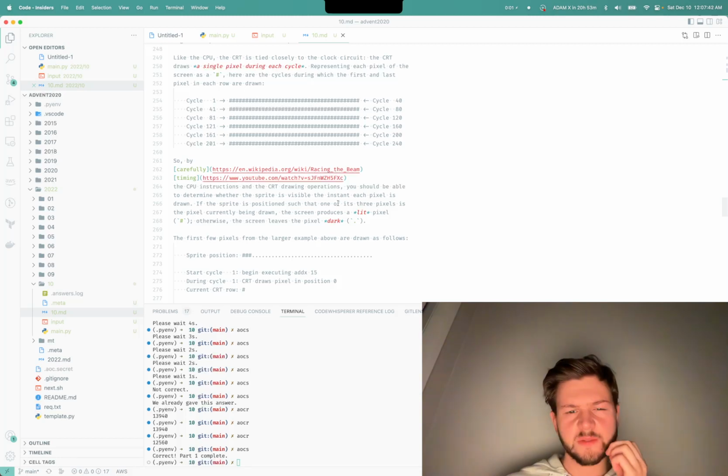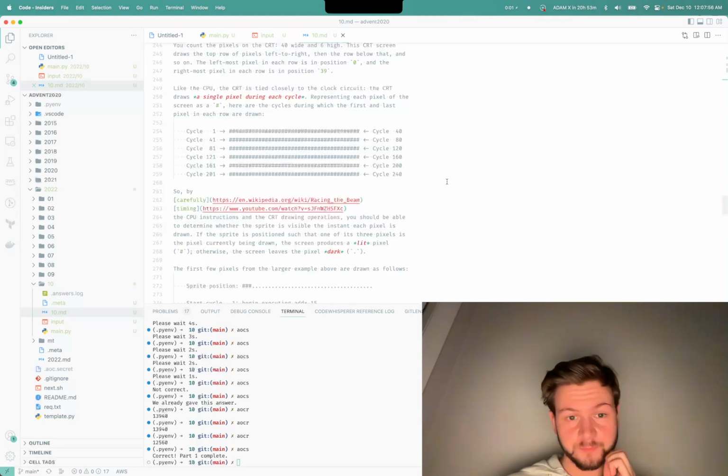If the sprite is positioned such that one of its 3 pixels is the pixel currently being drawn. What?